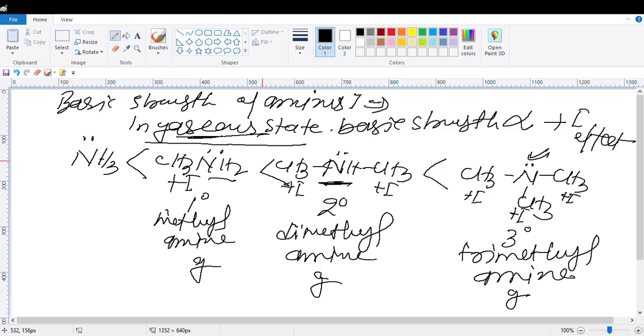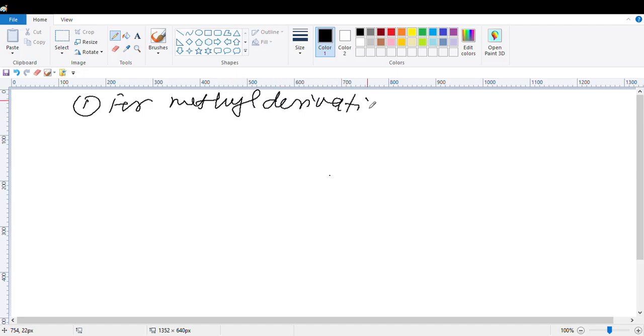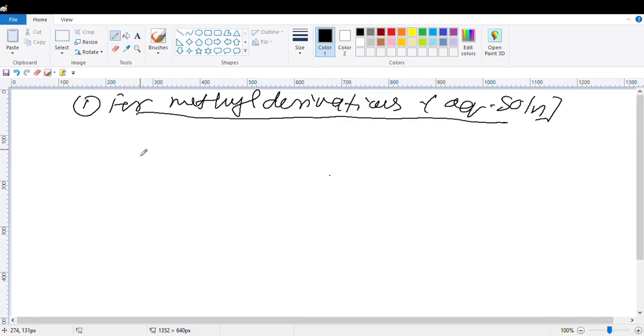But when we come to aqueous solution, this order will change. First of all, for methyl derivatives in aqueous solution, now we are studying the basic strength of amines in aqueous solution.